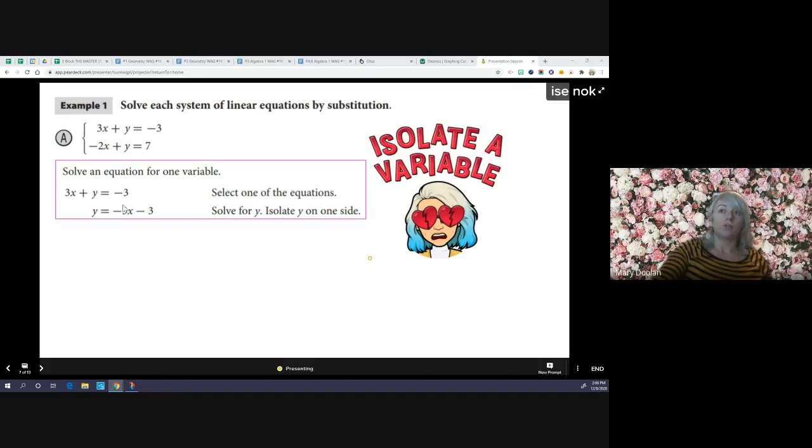If I subtract 3x from both sides, y is isolated, and I get y equals -3x minus 3. I have to write it out this way because these are not like terms, so we just write them next to each other. That's step 1.